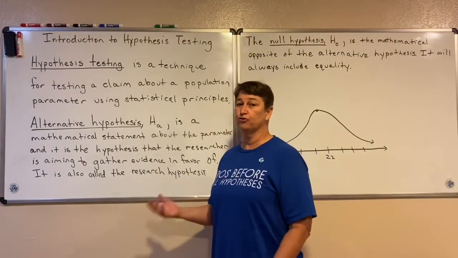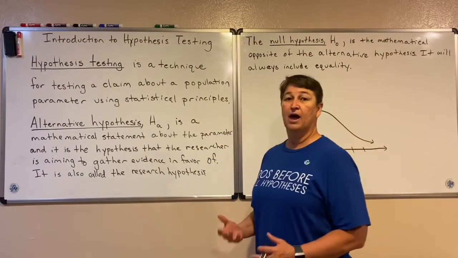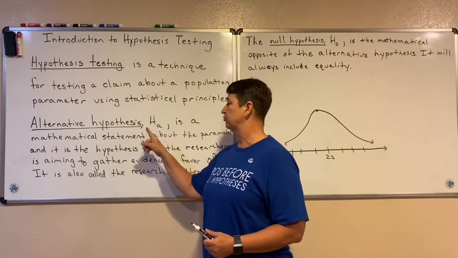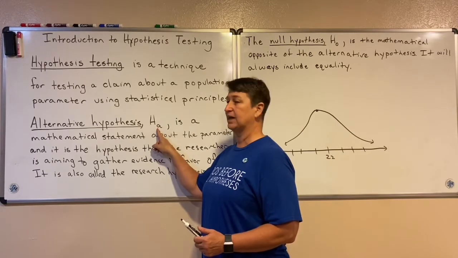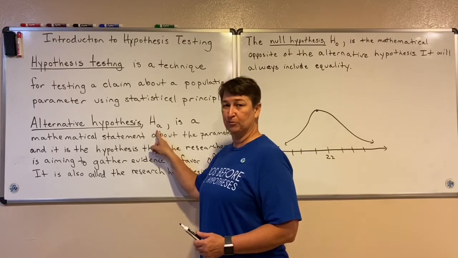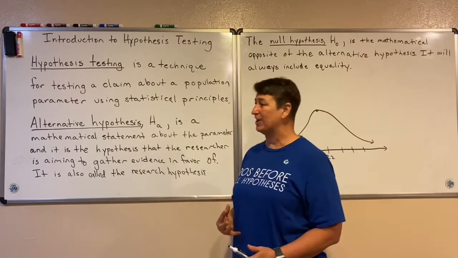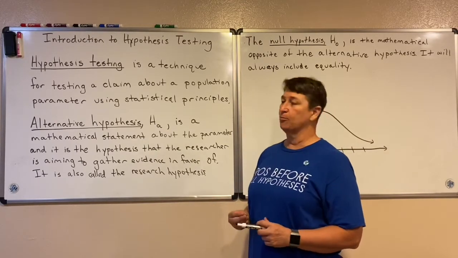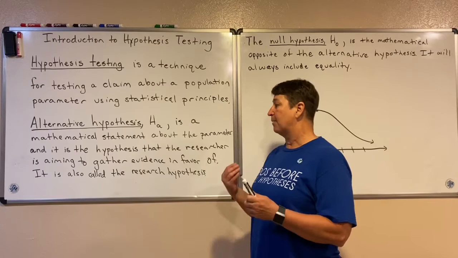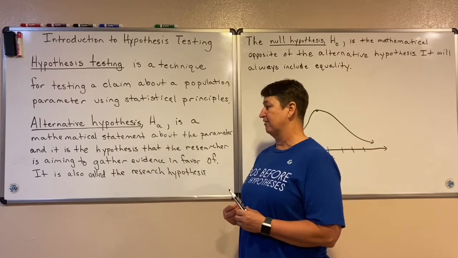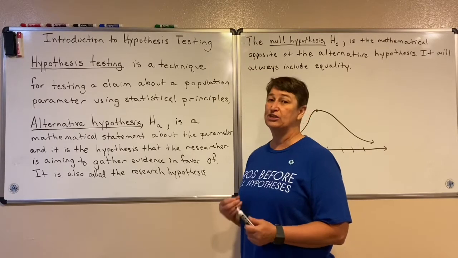And so I think my age of my students is older. So I have an alternative hypothesis. An alternative hypothesis we write with a capital H and a lowercase a as a subscript. Our alternative hypothesis is just a mathematical statement about our parameter. And it's the hypothesis that we want to gather information or evidence in favor of. It's also called the research hypothesis.